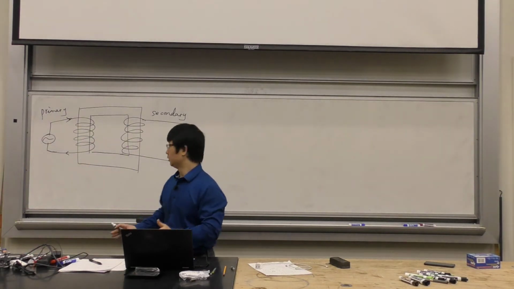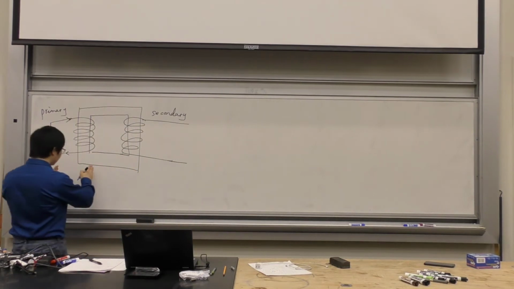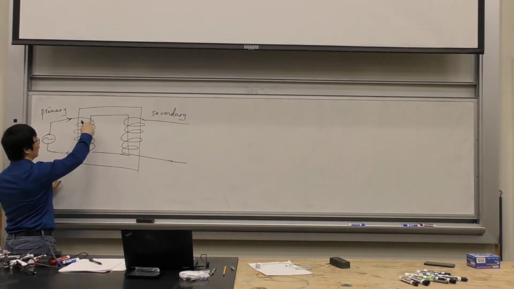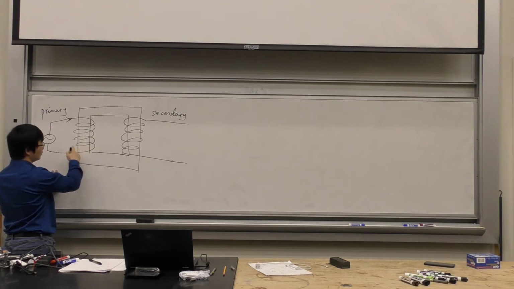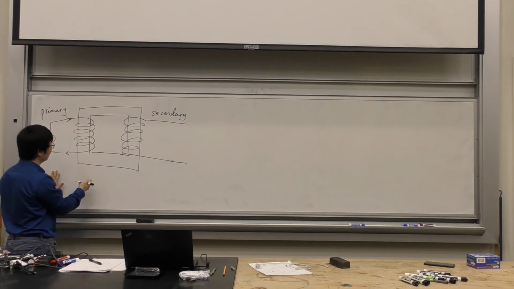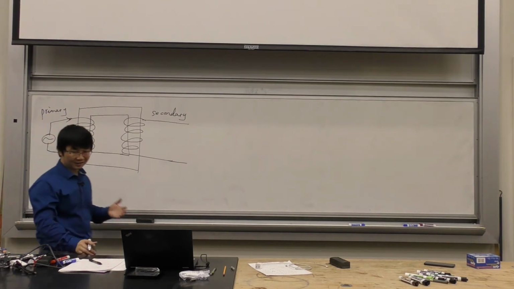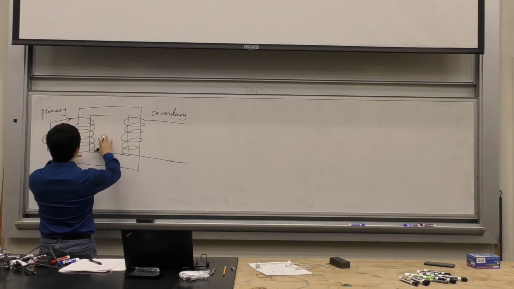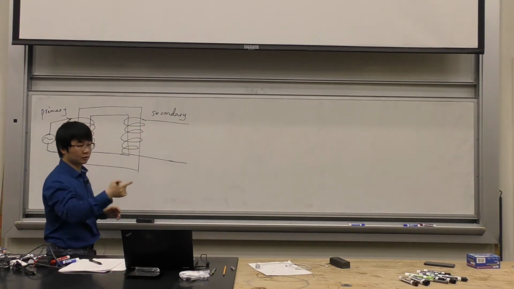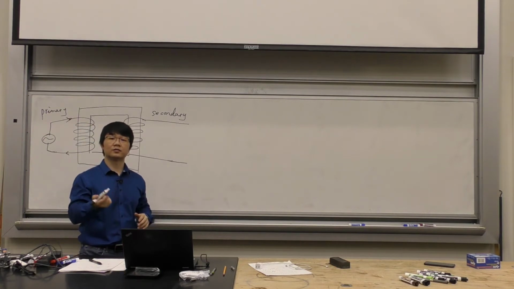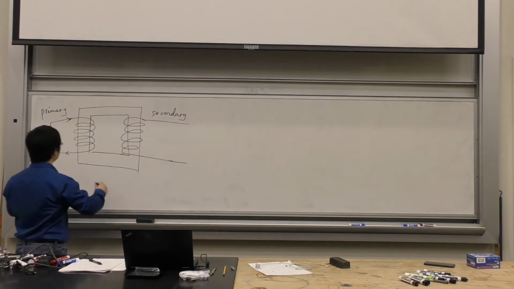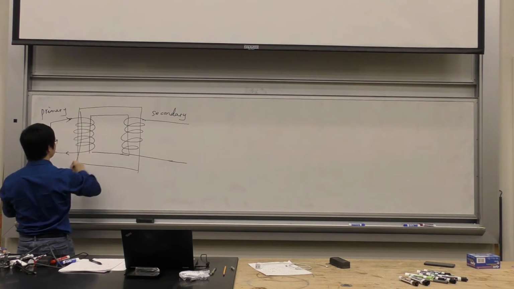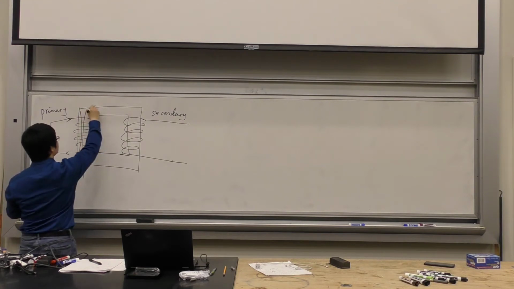If there's a current in this coil, it's pretty much like a solenoid, so there must be a magnetic field created by this solenoid. For any current, there's a magnetic field. If you draw the magnetic field, it's going to be pretty much like this.